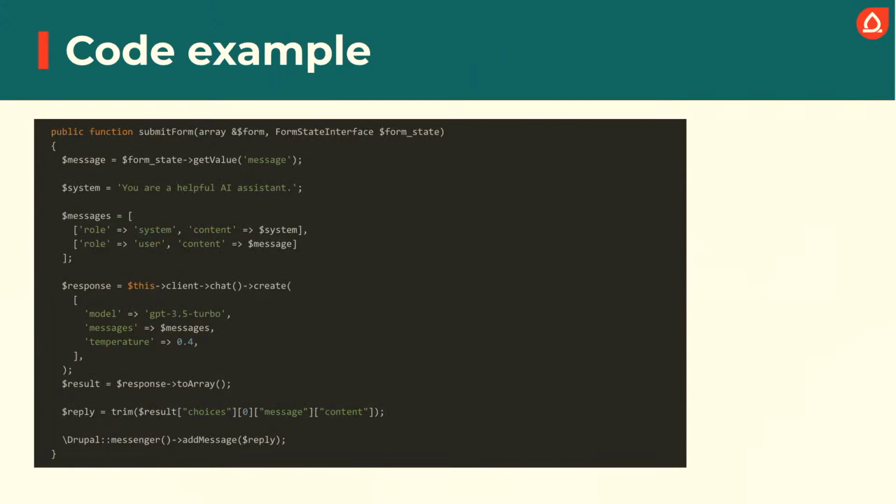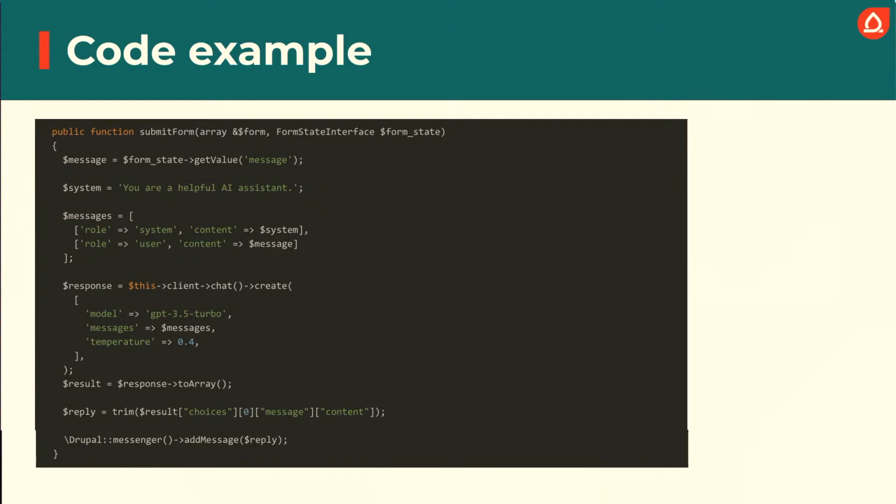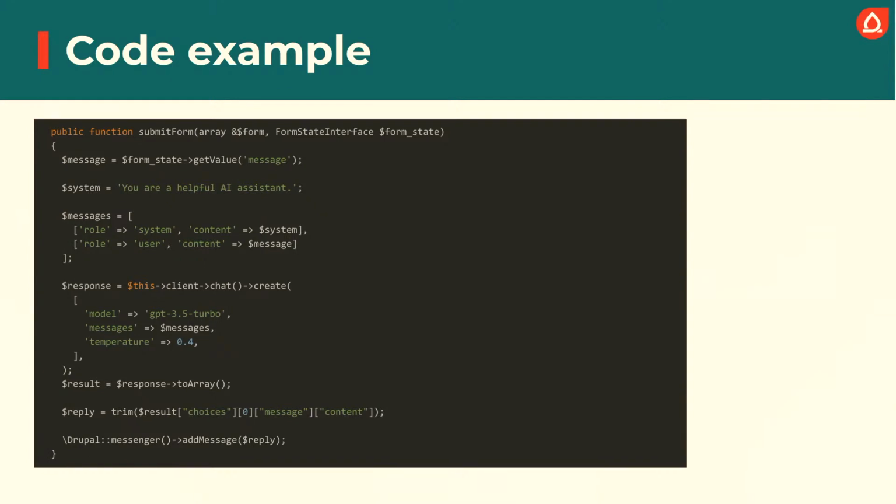This is an example of a custom module. We have a block with an input field, and when you click generate, it calls this function. All the logic for the communication with OpenAI happens here. There is no other code.